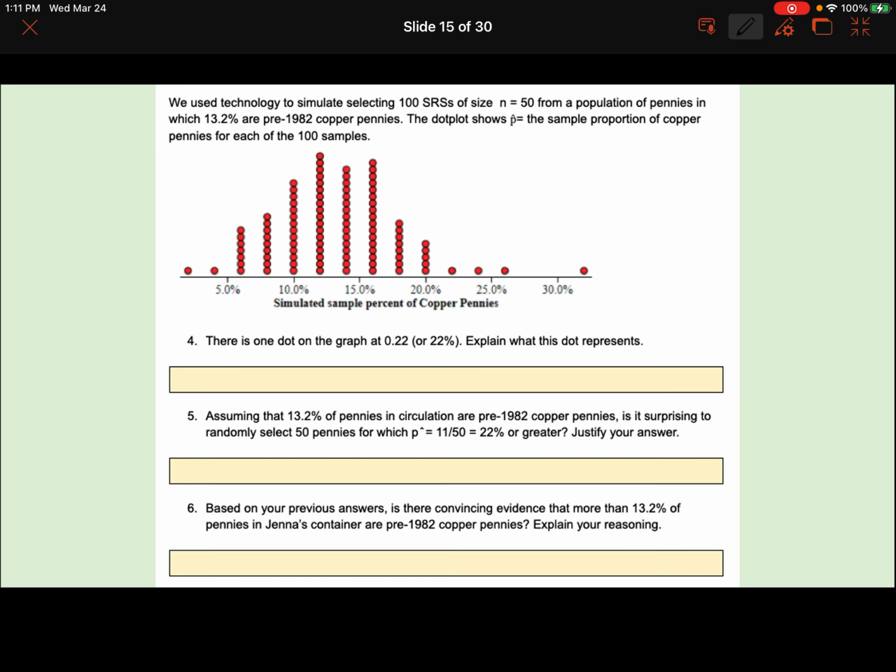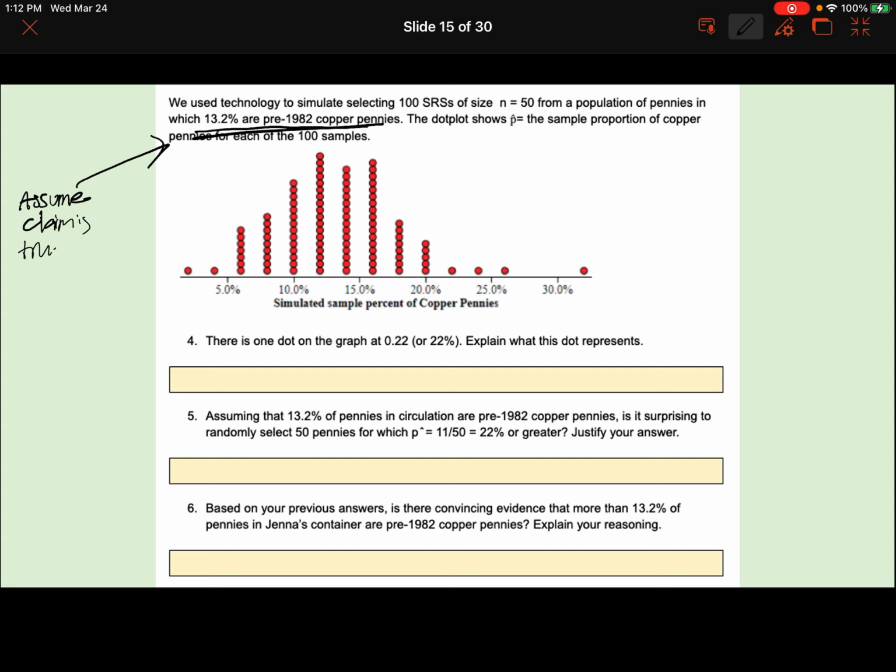All right, question 4. We use technology to simulate selecting 100 simple random samples of size n equals 50 from a population in which actually 13.2% are pre-1982 copper pennies. So here is where we're doing that first step. We're assuming the claim is true.